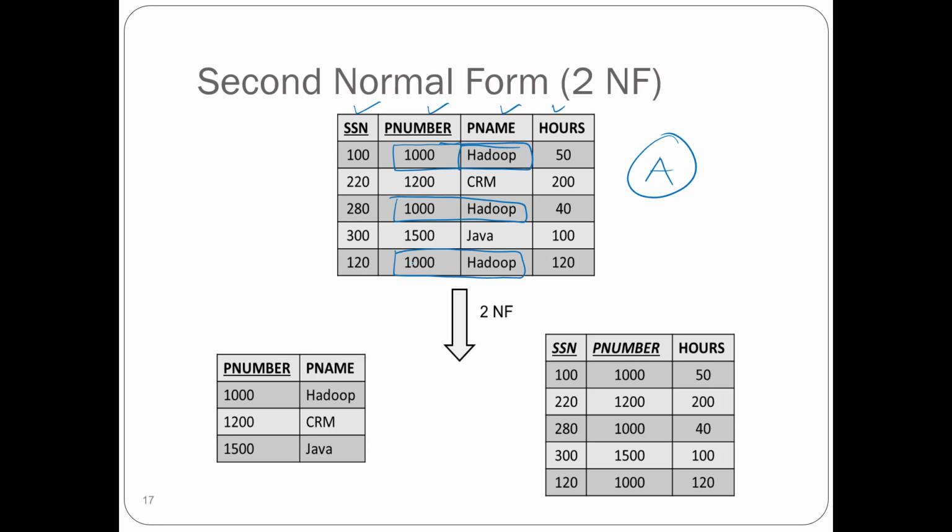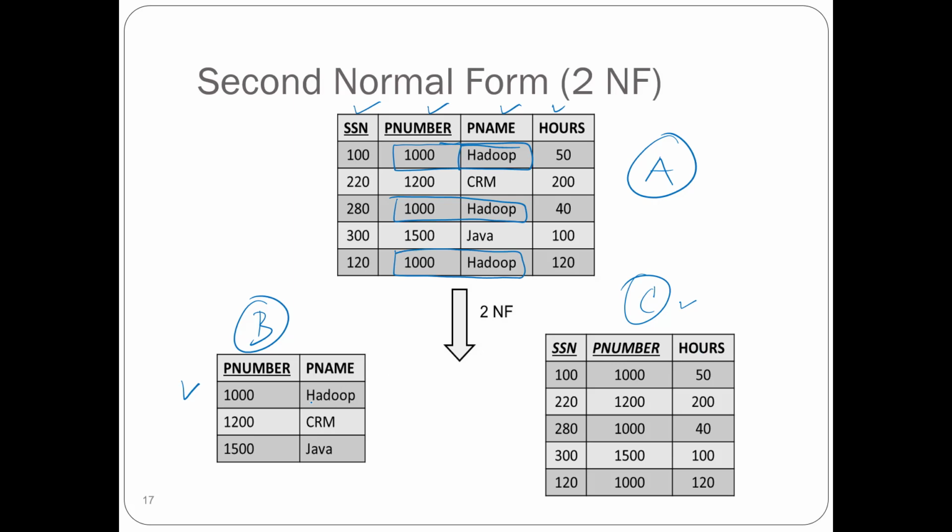Now the very moment you break this relation down into relations B and C, look at it. In B, you're keeping P number and name. In the other relation, which I'm calling C, you're keeping SSN, P number, and hours.